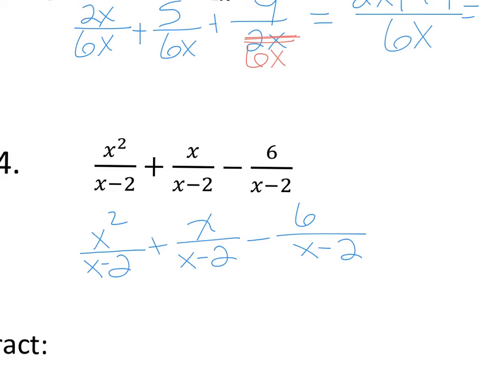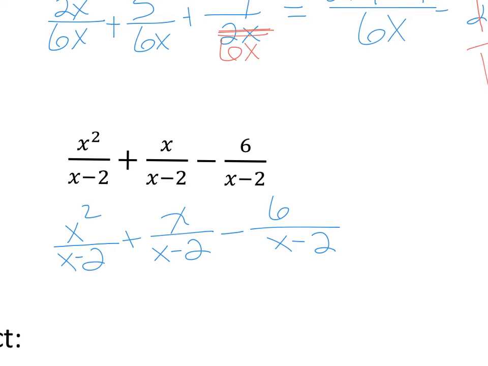So to add slash subtract these, the denominator is going to be the same. The numerator, we're going to add these terms, x squared plus x minus 6, and none of them are like terms. So they're not going to add together. x squared plus x minus 6.